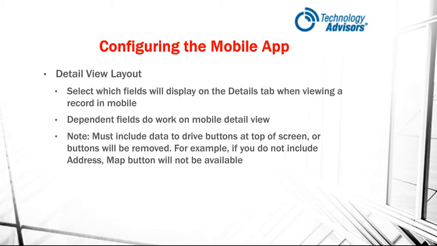If you take the address off of your layout, for example, the map button is going to just disappear because it's smart enough to realize that it can't do a map if there is no address. So you do want to make sure that even if you don't care about showing the address in the details tab, you still want to keep it on your layout if you'd like to be able to use that driving directions function.